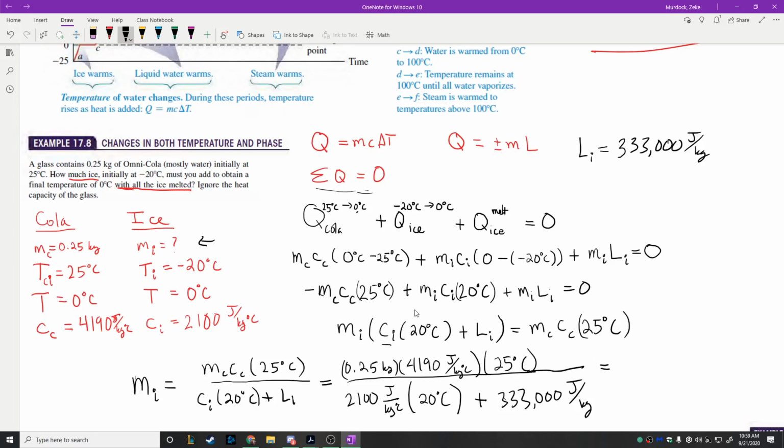Okay, so what is that? What do y'all get if you calculate that? So something like 70 grams, right?